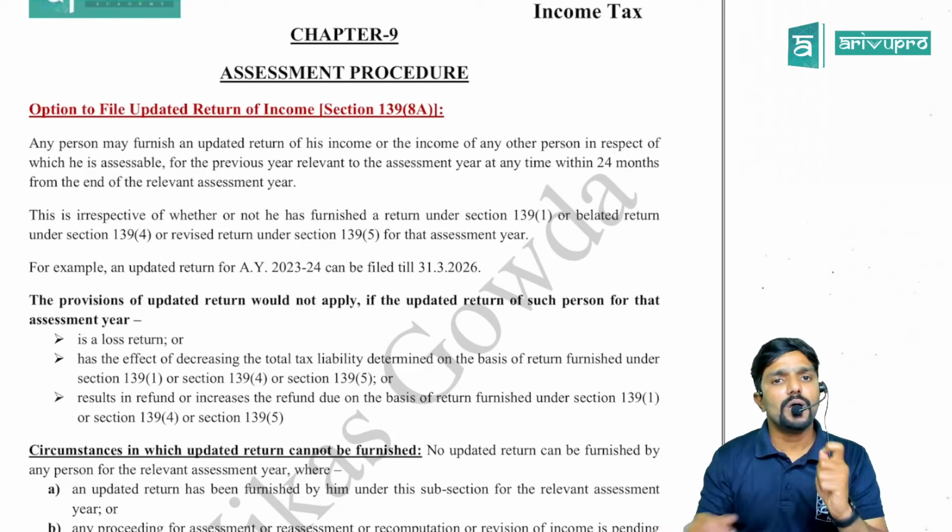But if there is a decrease in refund due to filing of an updated return, yes, they will allow you to file it. So in simple terms, an updated return is allowed to be filed only if it is bringing more and more revenue to the department. If it is causing loss of revenue to the department, they are telling, thank you, you cannot file an updated return.